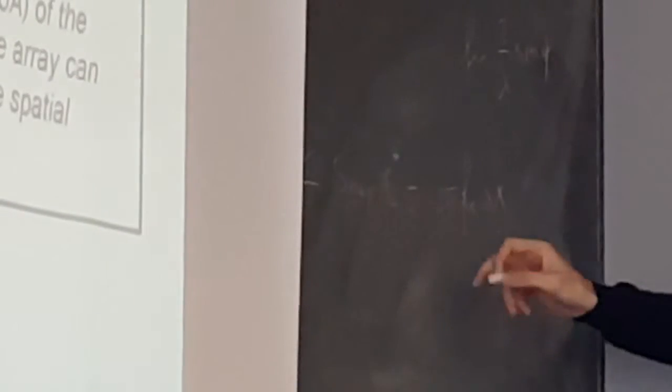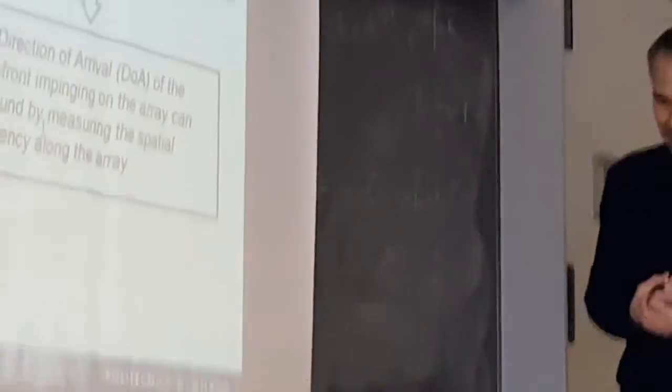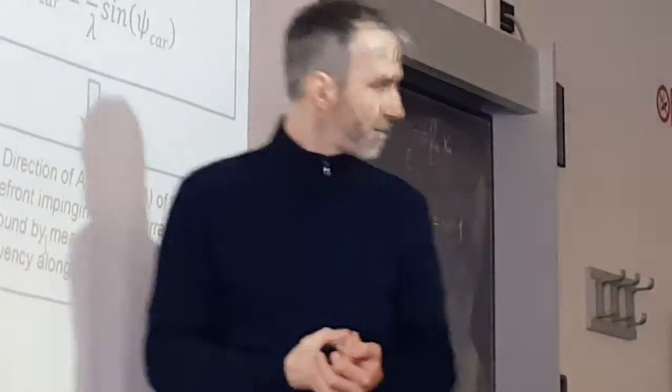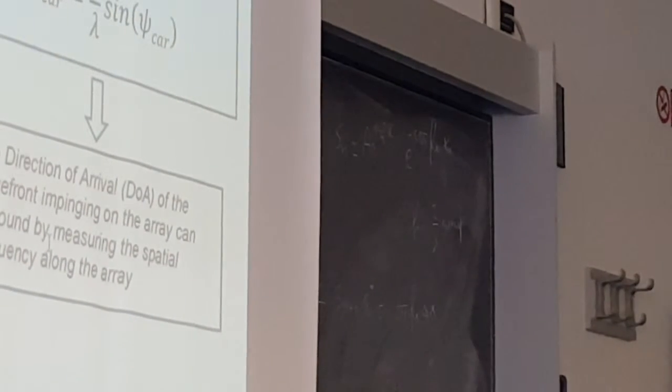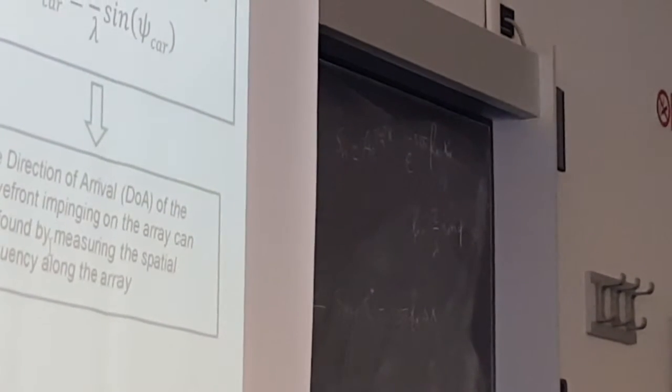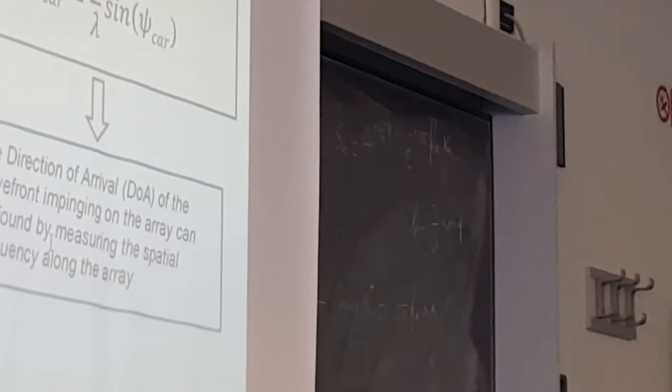So if you take the phase and you divide it by 2 pi delta x, then you know the frequency. Okay, is this optimal? Is this optimal against noise? This is the question for those who take the course of Umberto Spagnolini. Is this optimal concerning noise?